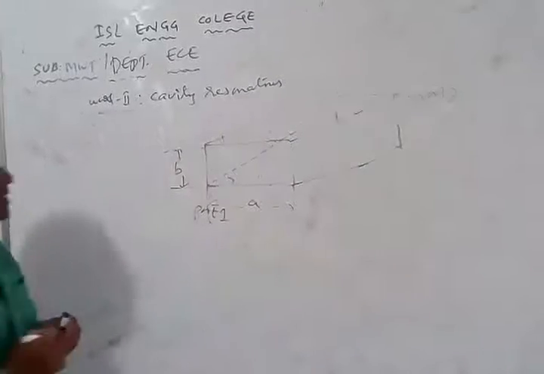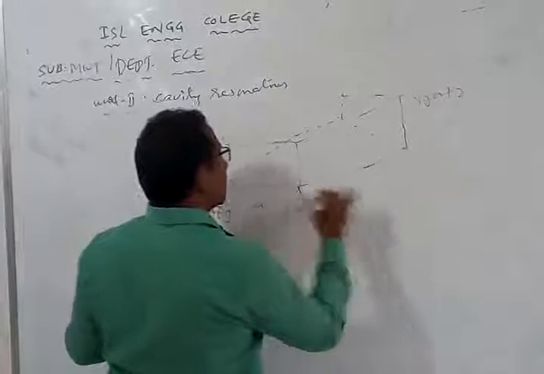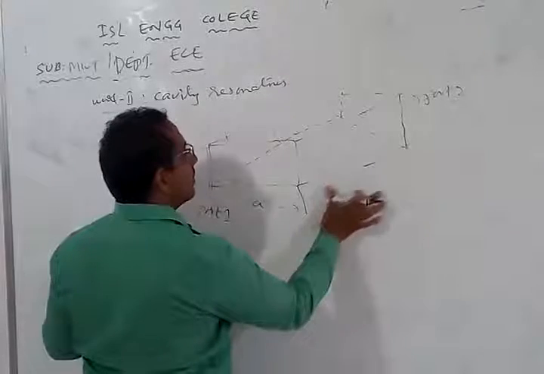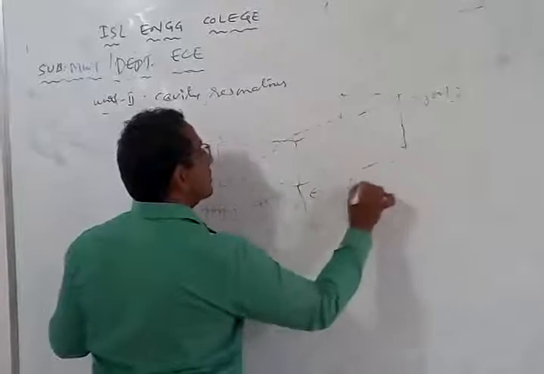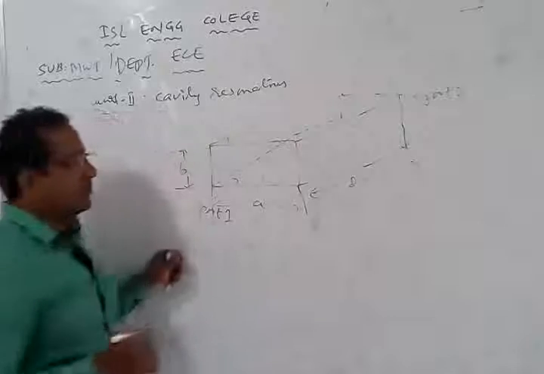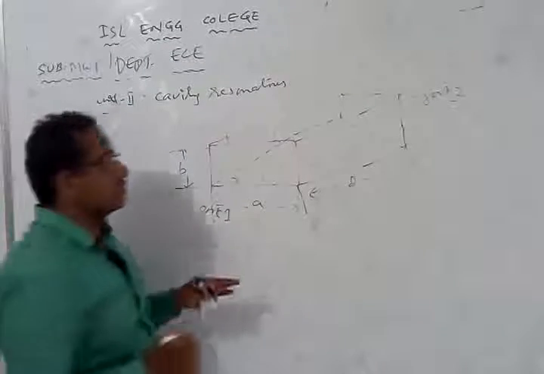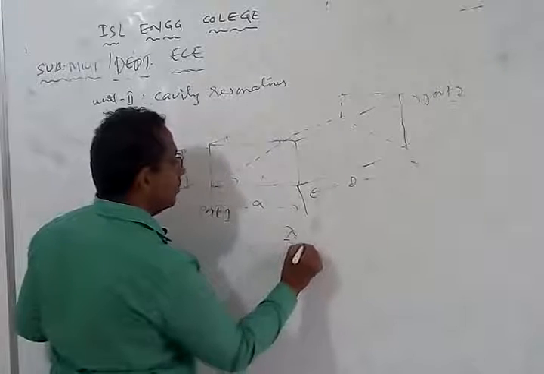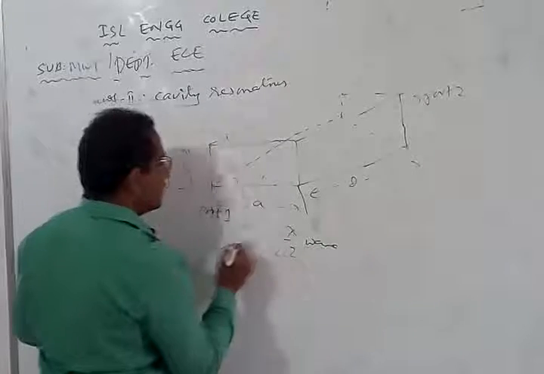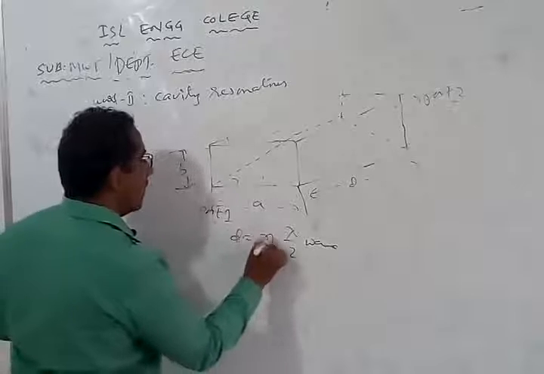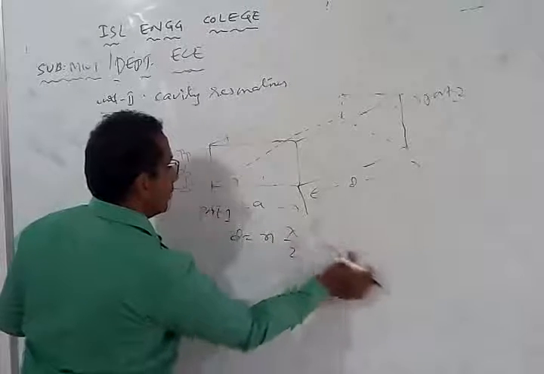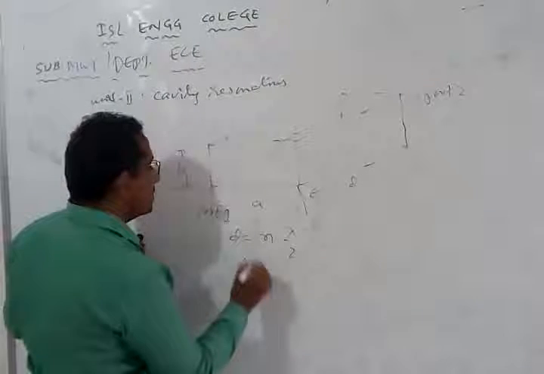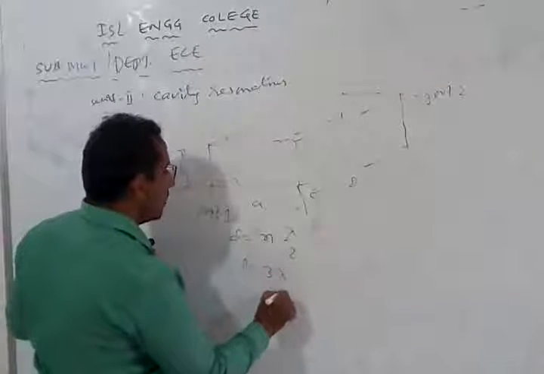Now in the case of cavity resonators, this particular distance, equal to some d, is going to be fixed based on the wavelength, that is, based on multiples of lambda by 2. That means d is equal to n times lambda by 2. For example, this d could be 3 into lambda by 2.